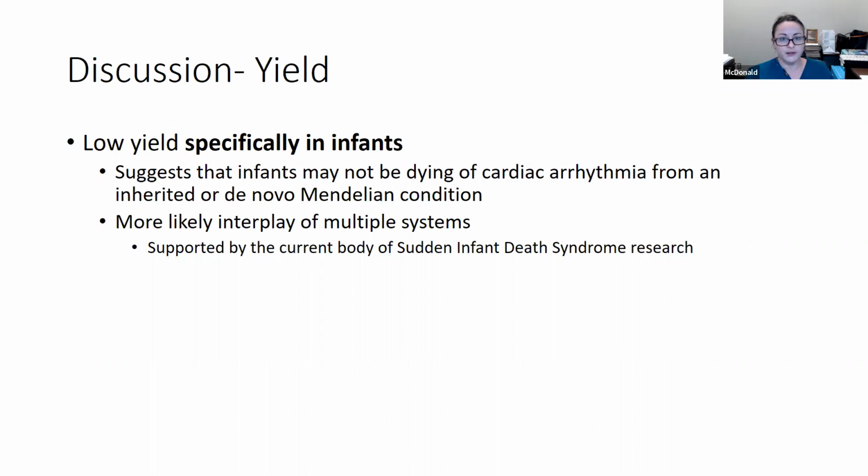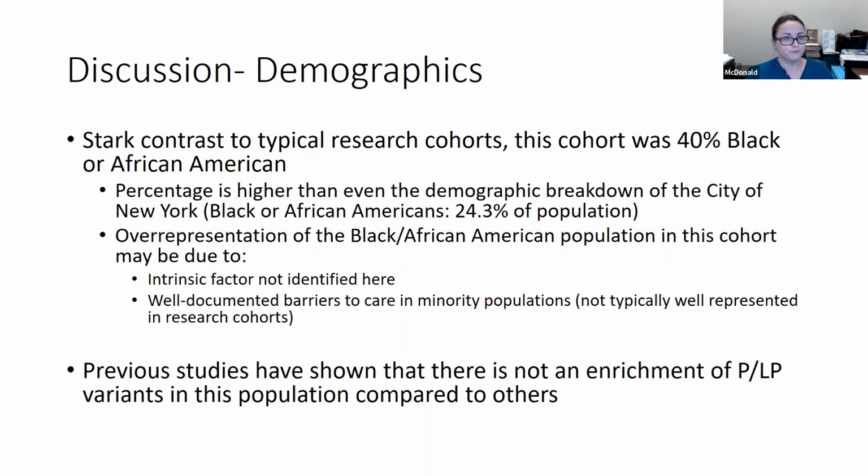So back to the demographics, we noted that they had a 40% Black or African American population, and the reason for this disparity was uncertain, because this percentage is higher than the demographic breakdown of the city of New York in general.